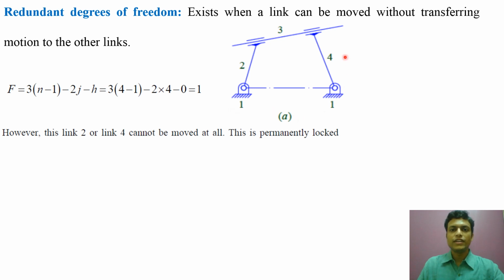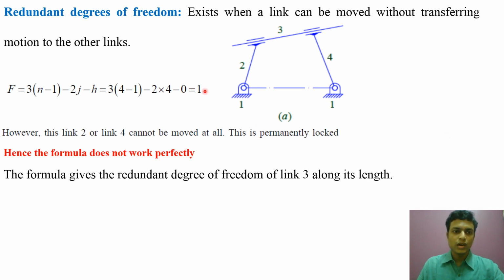So the degrees of freedom of this mechanism is 0. So our formula does not work perfectly. What is the reason? The reason is that there exists a redundant degree of freedom of link 3, along its length.